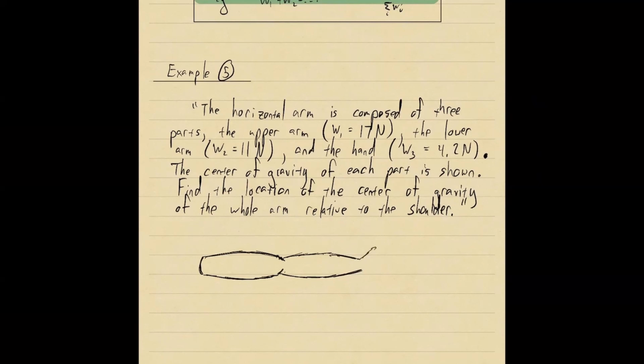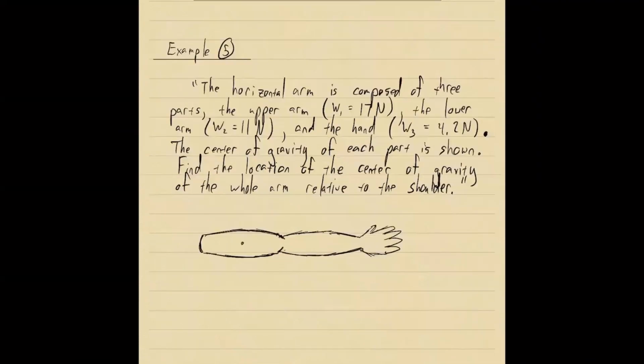So we got some hand with some big old cartoon fingers. So there's a hand. You know what? Actually not bad. Okay. So here is where W1 acts. Here's where W2 acts. Here is where W3 acts.